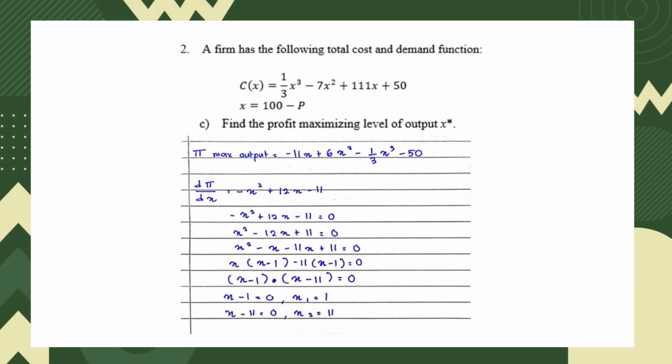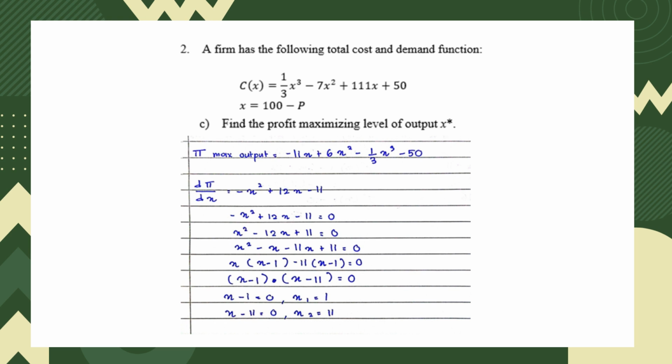In question 2C, in order to find the profit maximizing level of output x, we first have to find the profit function. Earlier in question 2B, we found the profit function, which is negative 11x plus 6x squared minus 1 over 3x cubed minus 50.